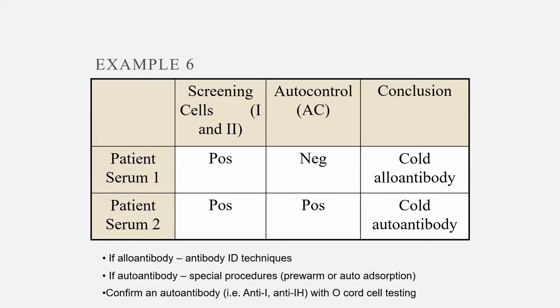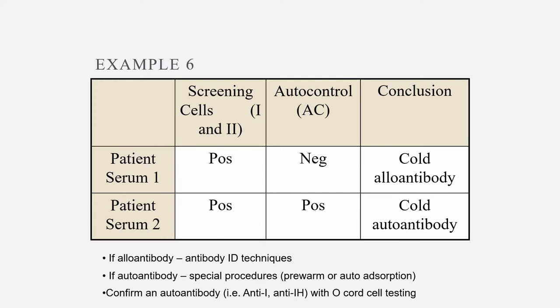In the second patient, we run the screen and the auto control and both are positive. So it looks like we have a cold auto antibody. So when you're looking at antibodies to determine if it's an allo antibody or an auto, you want to look at your auto control. Remember, you're testing your patient's plasma against your patient's red cells.